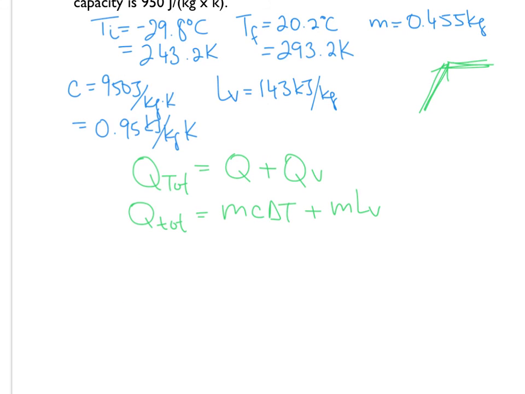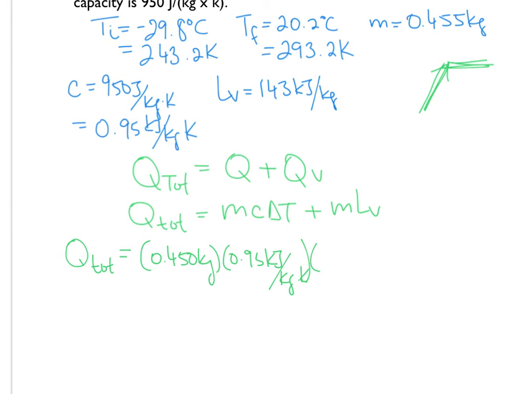So now let's sub in our values. Our total heat, or thermal energy, is going to be mass, which is 0.450 kilograms. Your C value, remember you want to use kilojoules per kilogram times Kelvin.